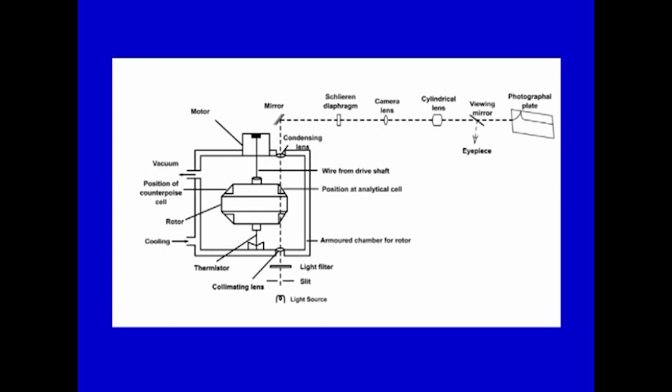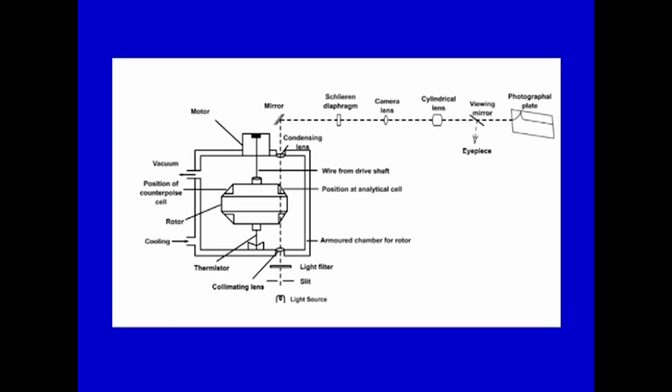Light comes from the collimating lens, passes through the analytical cell and is then collected by the condensing lens, that is reflected by a mirror, and there is a system of Schlieren diaphragm, camera lens, cylindrical lens, and finally a photographic plate where the data is being recorded. And like I said, photographic film could be replaced by an electronic scanning system actually.